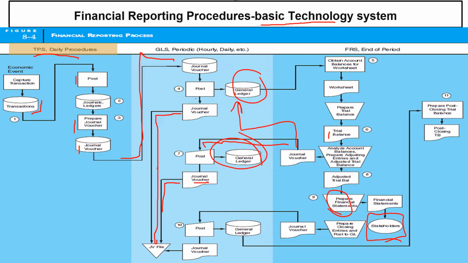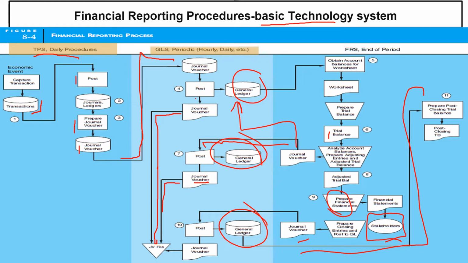We need to prepare and key in the closing entries in journal vouchers, and again update the general ledger. And this also goes on to prepare the post-closing trial balance.